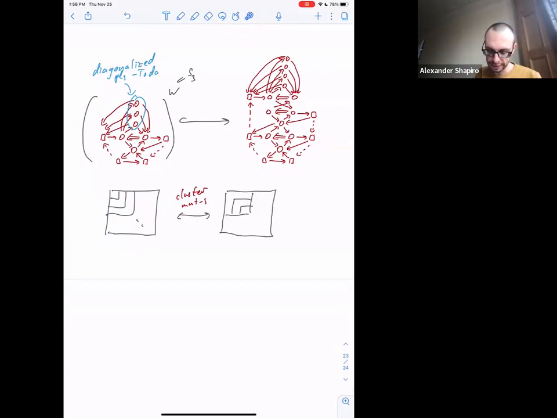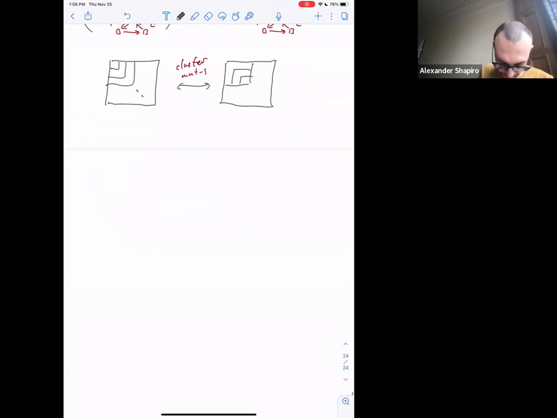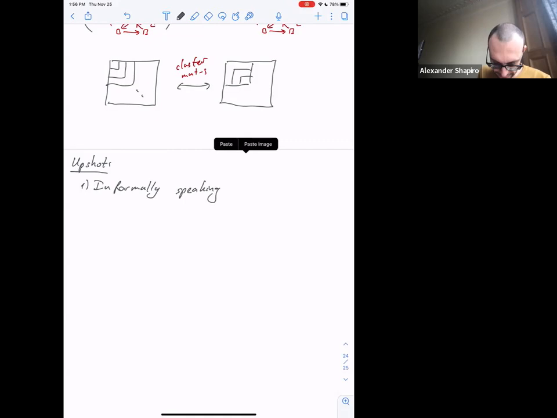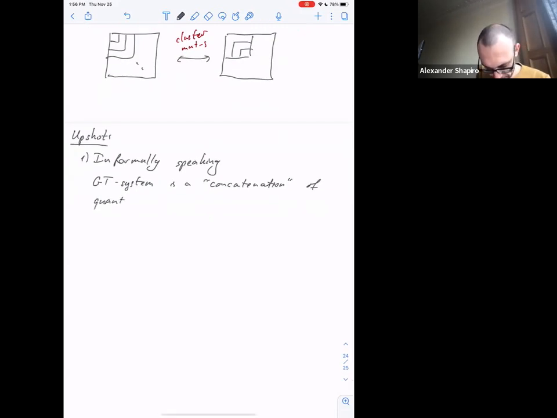Maybe let me just say a few corollaries, an upshot. Informally speaking, the first part: we see that this Gelfand-Tsetlin system is, if you wish, a concatenation of quantum Toda systems.